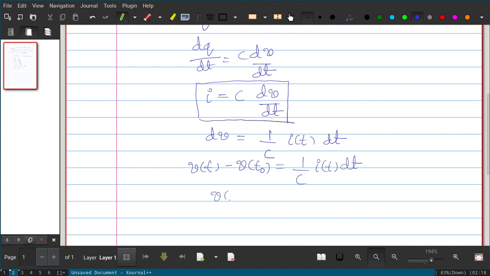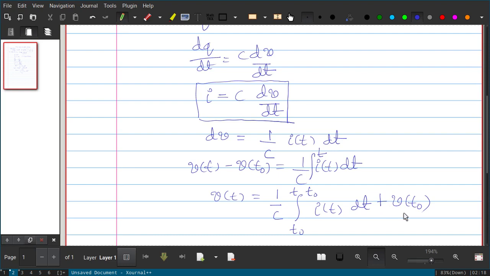So V of t equals 1 over C times the integration from t0 to t of I of t dt, plus V of t0.